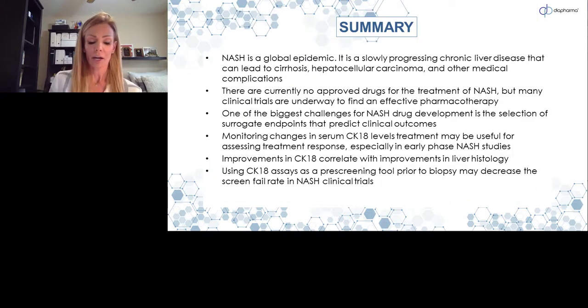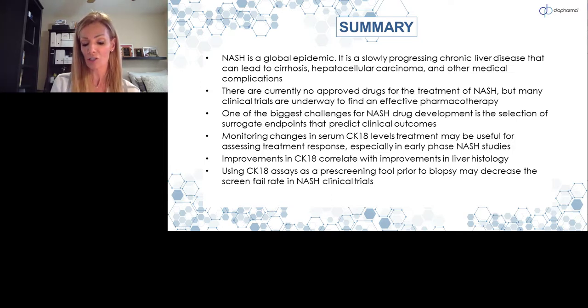So to review what I talked about today, NASH is a global epidemic. It is a slowly progressing chronic liver disease that can lead to cirrhosis, hepatocellular carcinoma, and other medical complications. There are currently no approved drugs for the treatment of NASH, but many clinical trials are underway to find an effective pharmacotherapy.